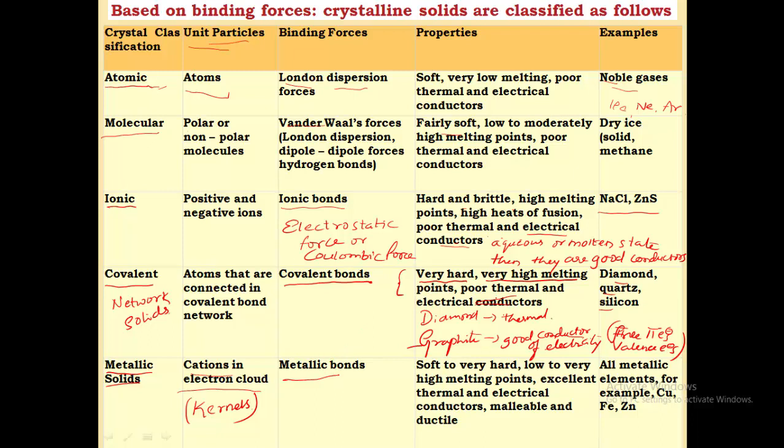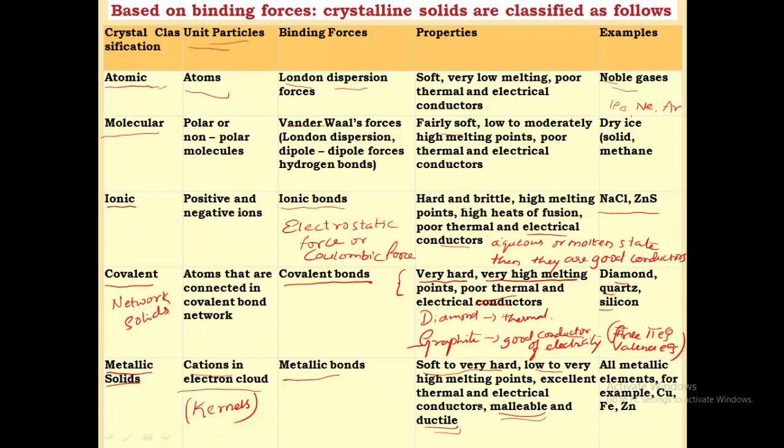The properties of metallic solids are: soft to hard, low to very high melting points, excellent thermal and electrical conductors, malleable and ductile. This is one of the important properties exhibited by metallic solids.